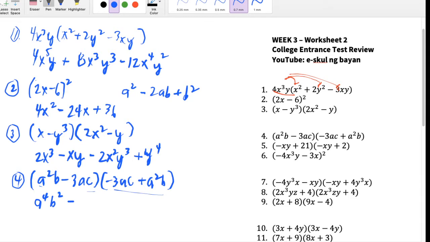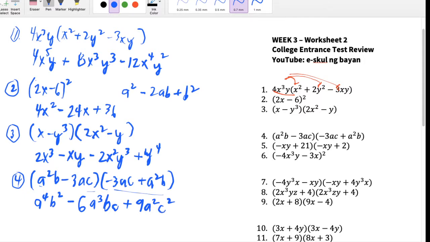So, 2 times 3, that's equal to 6. Okay? A squared times a, that's equal to a cubed. B, c. Okay? Then lastly, plus square of 3ac. So, that's 9a squared, c squared.